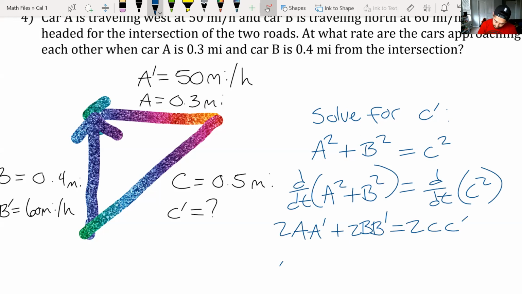So a a prime plus b b prime equals c c prime. And since I divided everything by 2, I could also divide everything by c, so I'm going to make this all over c.